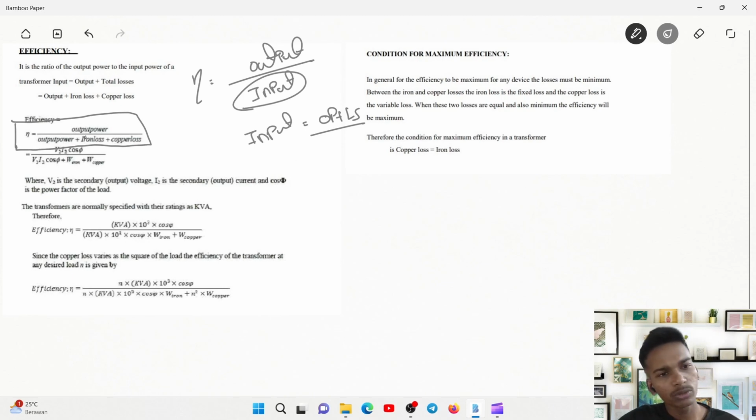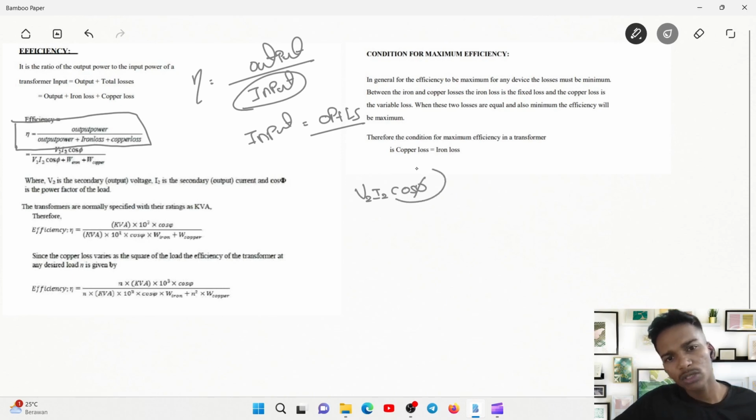Now we are going to substitute the respective values. Output power can be represented as V2 I2 cos phi. Why are we taking cos phi here? We discussed it in the first class of alternating current.